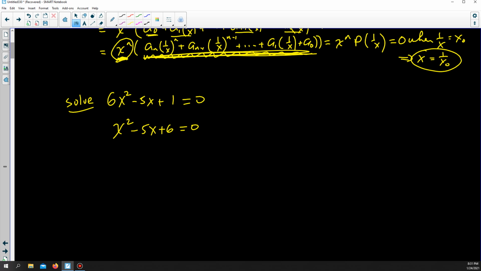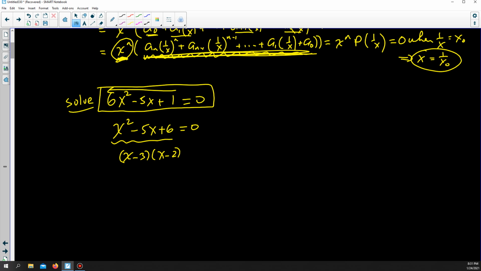Now, the problem is that this has a coefficient of x squared that is 6. I don't know how to factor that, but you know what? If I read it backwards, like this, I say, ooh, I know how to factor this. This is x minus 3 times x minus 2 equals 0. So x is 3, x is 2.